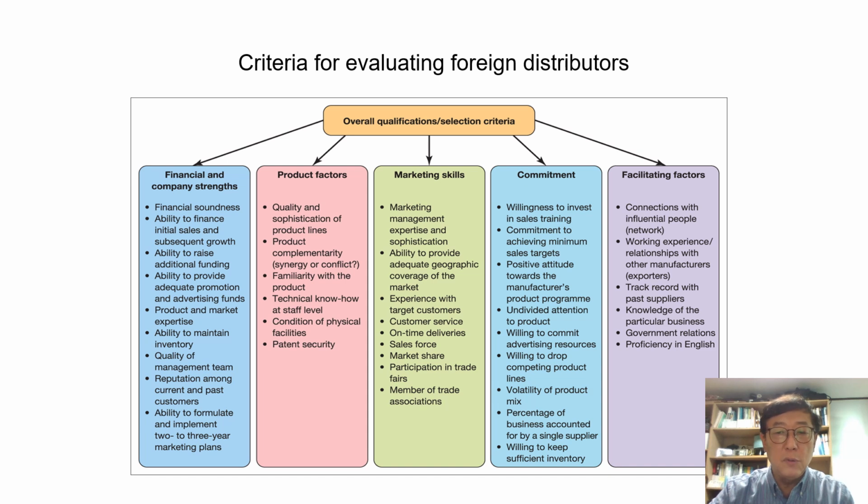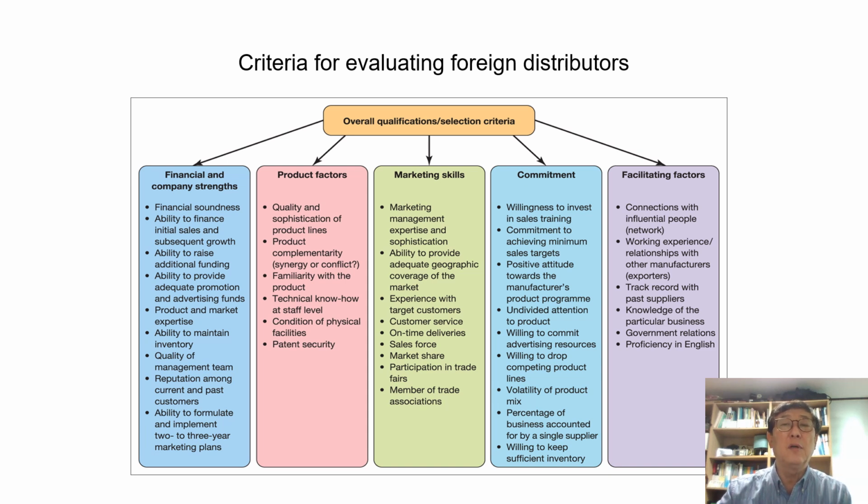And then there is commitment. It's more important than anything else. It includes willingness to invest in sales, commitment to achieving minimum sales targets, a positive attitude, and willingness to commit advertising resources. In short, how much they devote to your product.